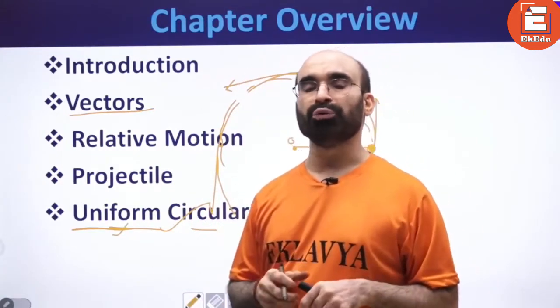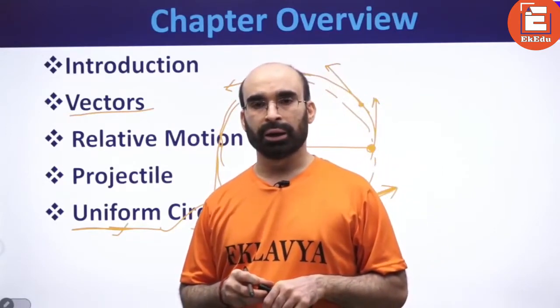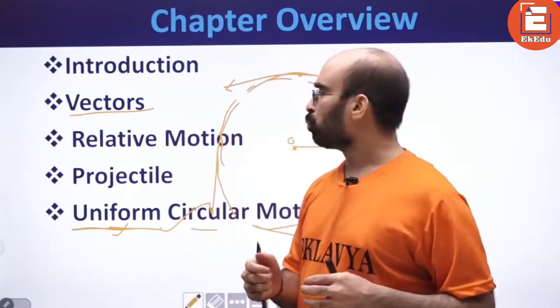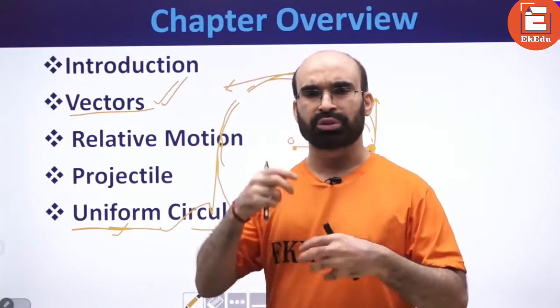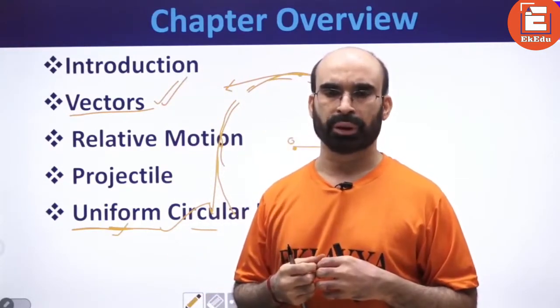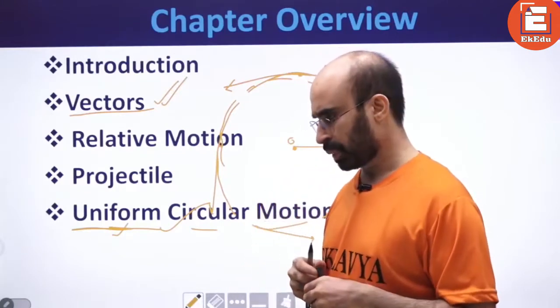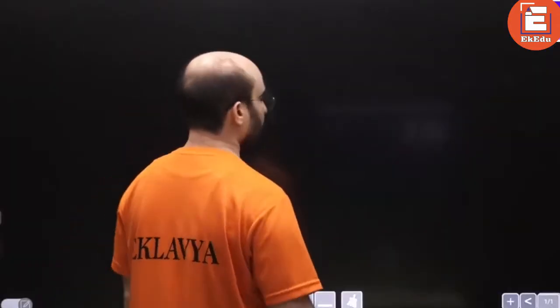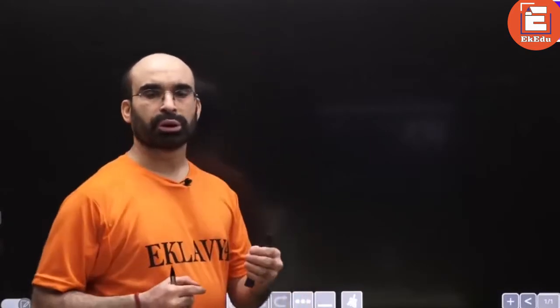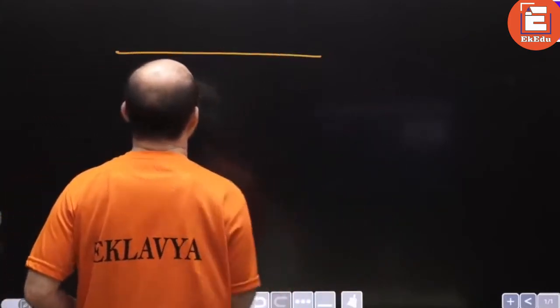Now we will move ahead to understand what vectors are and how they are so important. I will take an example. Till now you have understood motion in a straight line.